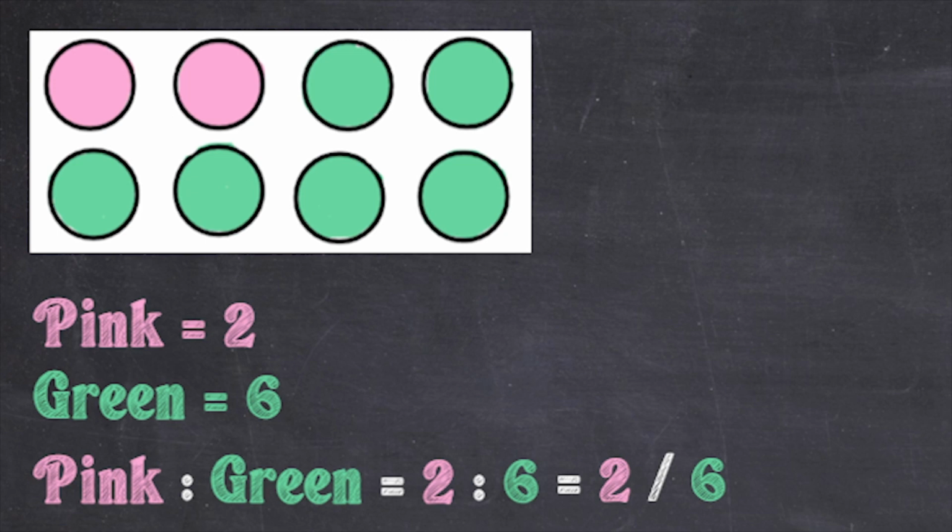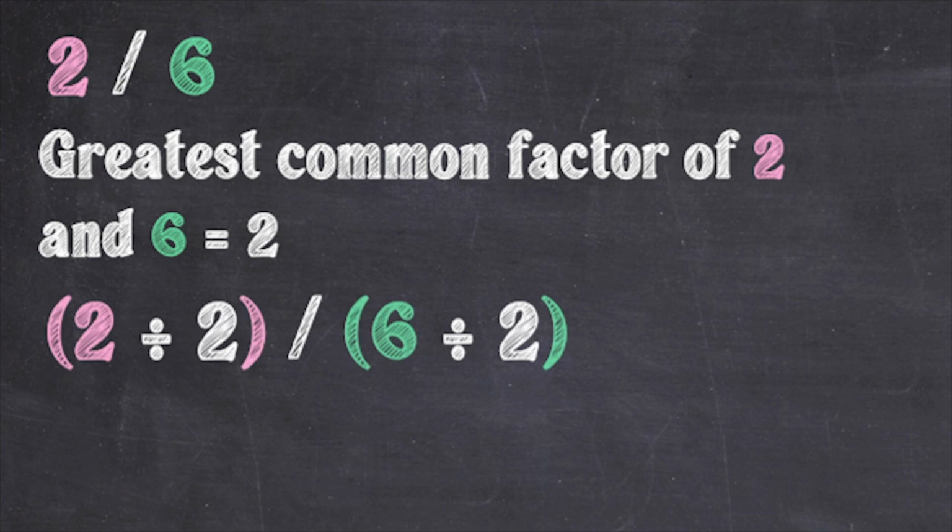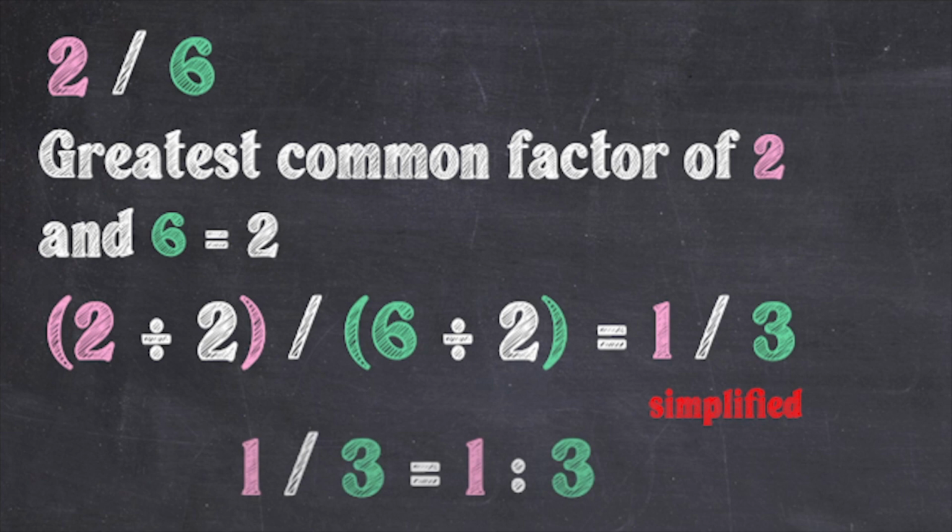You might be able to tell that it can be simplified and written using smaller numbers. We know this because both 2 and 6 can be reduced by a common factor, which is 2. So, we can divide them both by 2, which gives us the fraction 1 over 3. In ratio form, this can be written as 1 to 3.